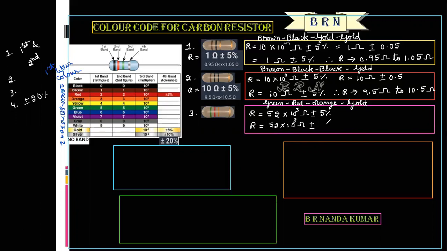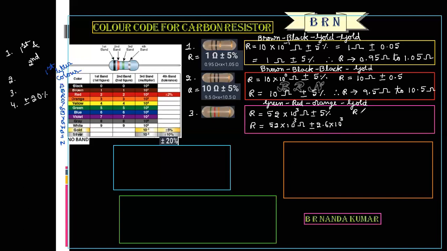But we want 5%, so 520 into 5 is 2600. That is written in the form of 2.6 into 10 power 3. This is the 5% of 52 into 10 power 3.